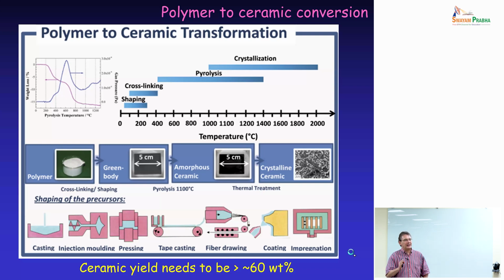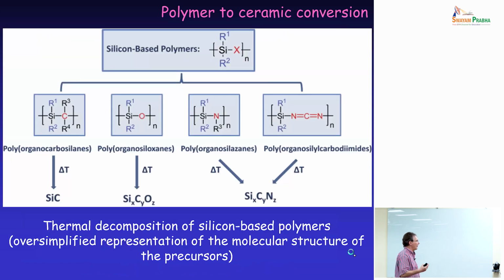This intermediate stage has been exploited for making specific components that have some specific applications. But in that case, you have a material that is not yet a ceramic and is not fully a polymer in terms of behavior and composition, because you have not eliminated all the organic moieties.